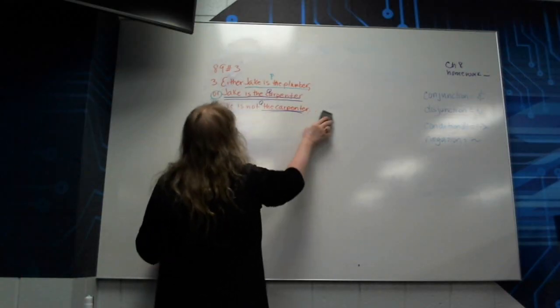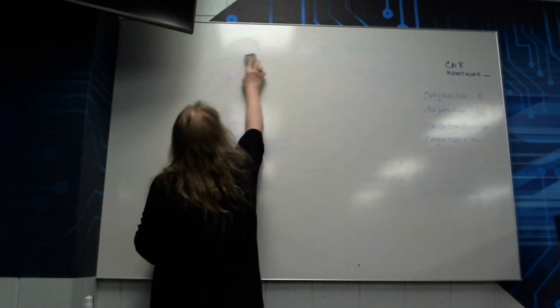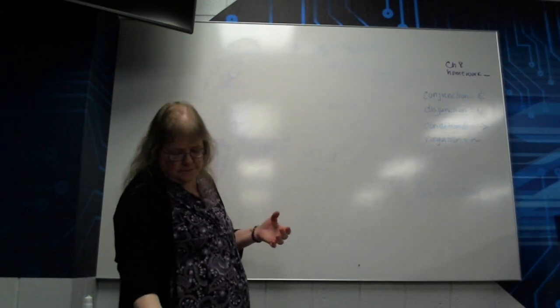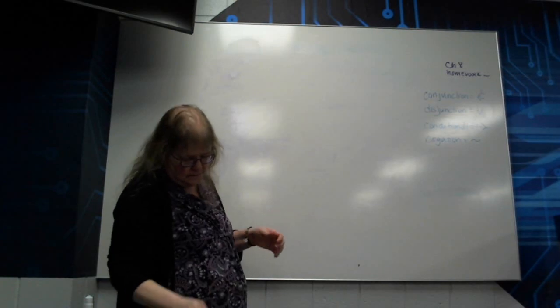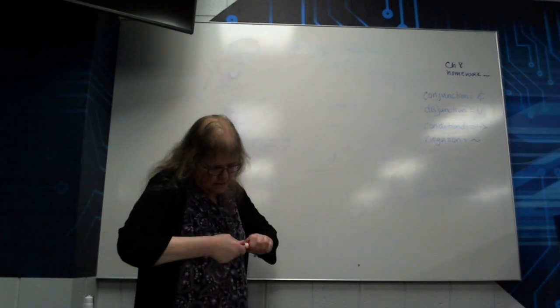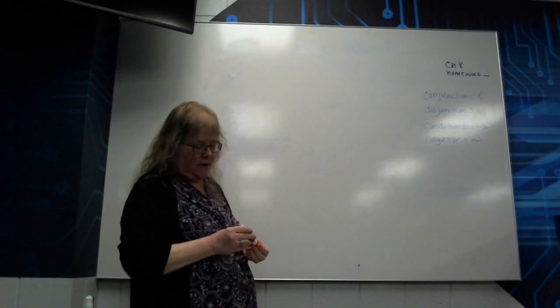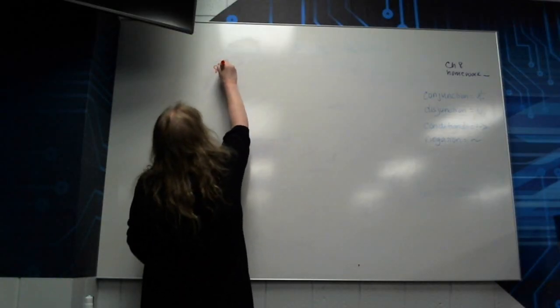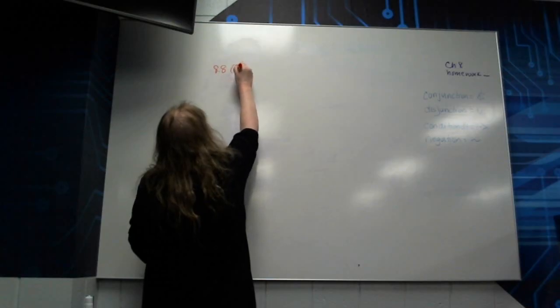I know, move over a little bit more, so you can see this better. Okay, so back to 8.8. And time for a 3 variable. Okay, so this is 8.8 for 8C.